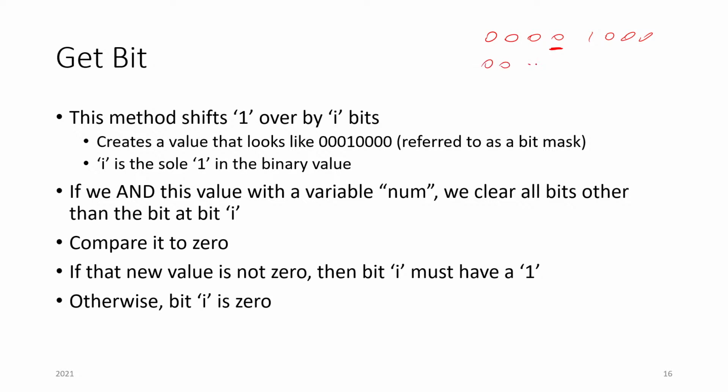So we have the mask 0, 0, 0, 1, 0, 0, 0, 0. That's the bit we want to extract. If we AND this, 0, 0, 0, 1 and 0 is 0, 0 and 1 is 0, 0, 0, 0.